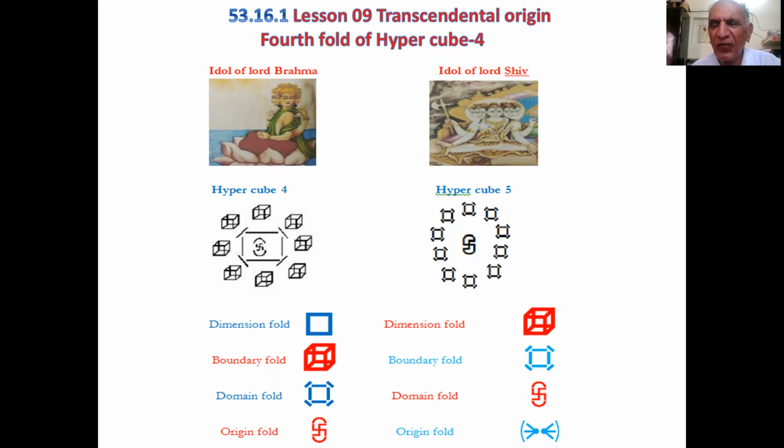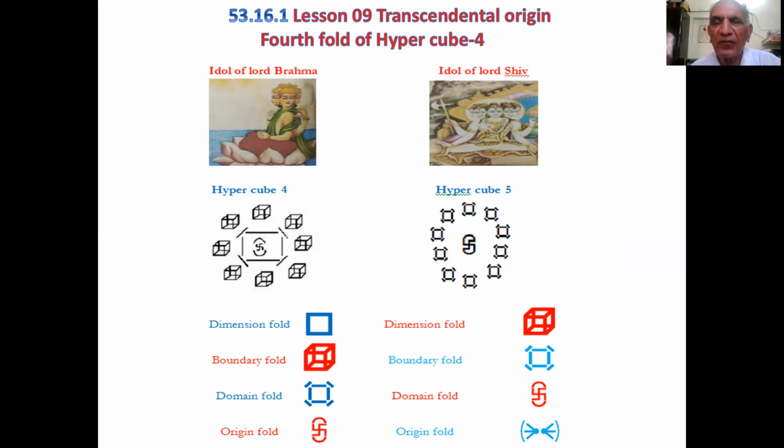And the domain fold is 5-space. The 5-space content lump plays the role of a 5-space domain, and the 5-space domain has a self-referral origin. 6-space is playing the role of origin of 5-space.